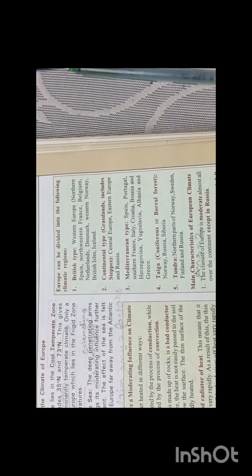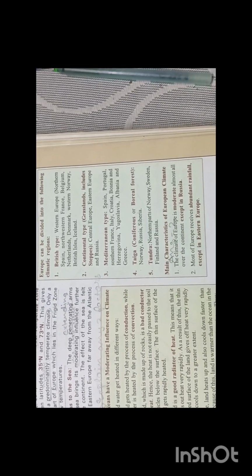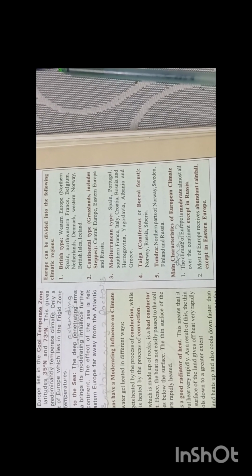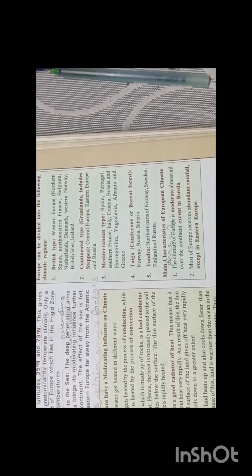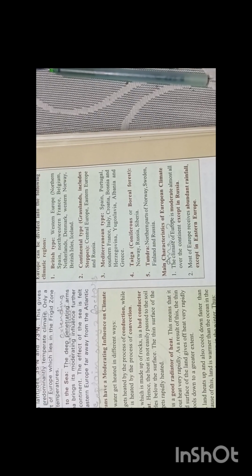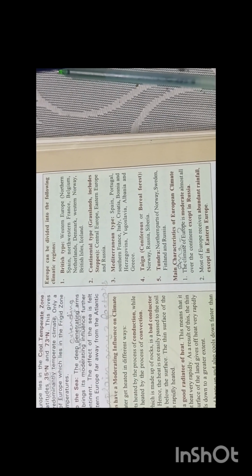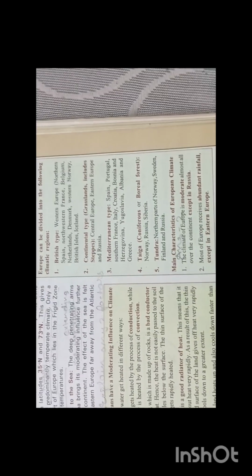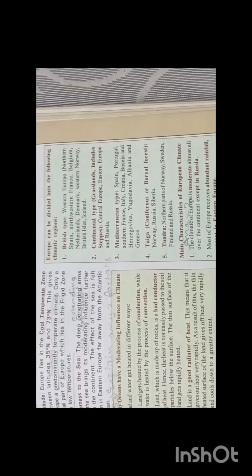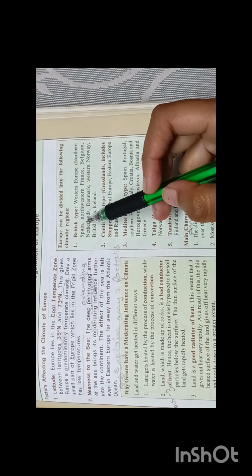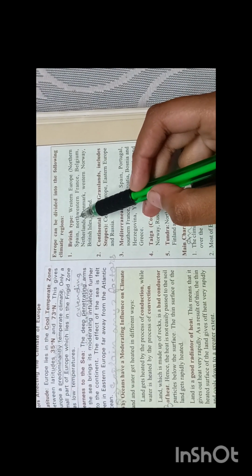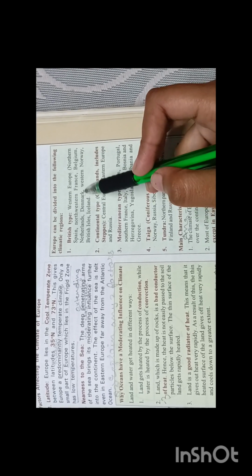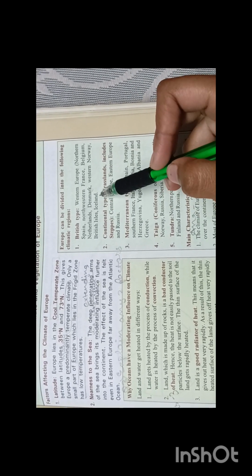Now let's come to Europe. Europe can be divided into the following climatic regions. First is British type, second is continental type, third is Mediterranean type, fourth is taiga, fifth is tundra. Now, see, of these divisions you should at least know 4, or actually at least 2. So, how to remember that, I'll tell you. British type: Western Europe, then Northwestern France, Belgium, Netherlands, Denmark, Western Norway, British Isles and Iceland.